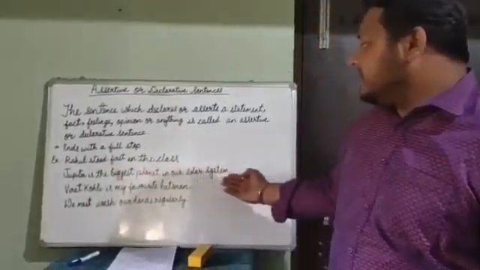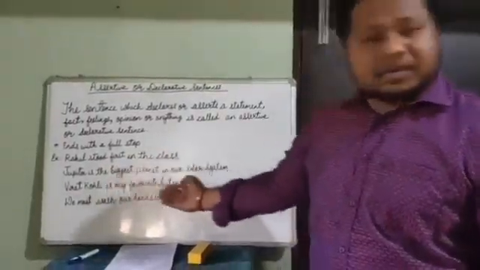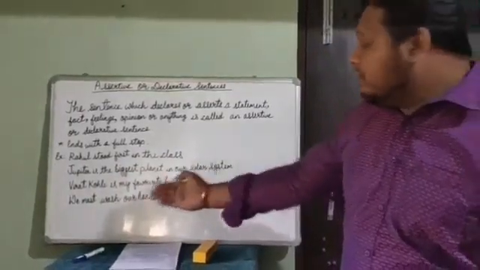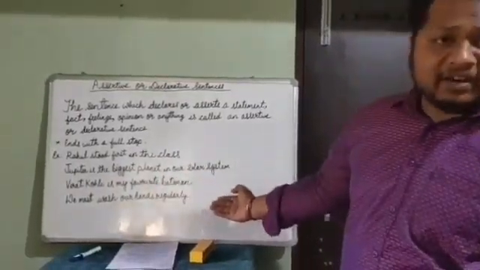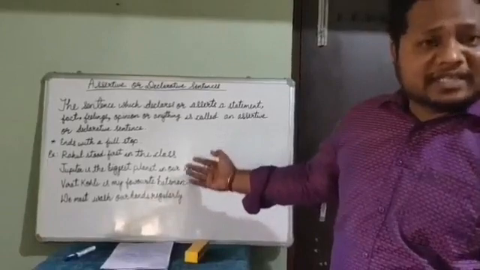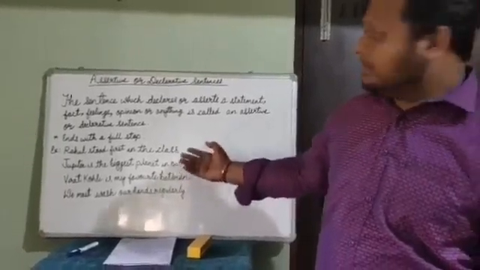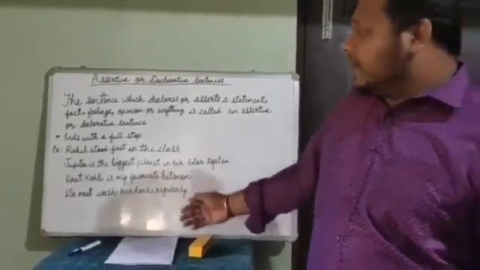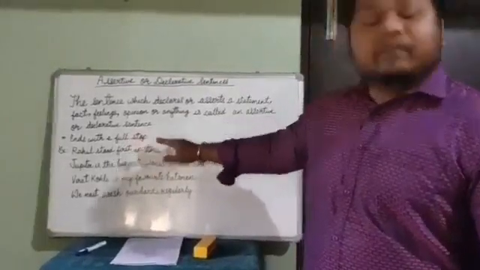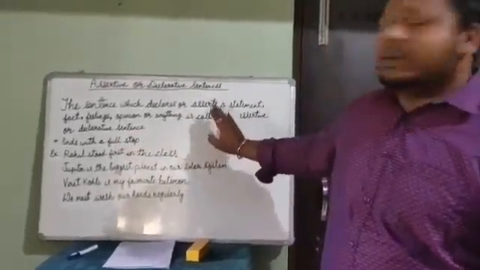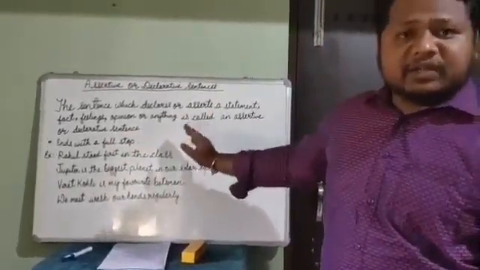Jupiter is the biggest planet in our solar system. Virat Kohli is my favorite batsman. We must wash our hands regularly. These are the very common sentences we use while talking to someone or writing. Now, all the assertive or declarative sentences end with a full stop.